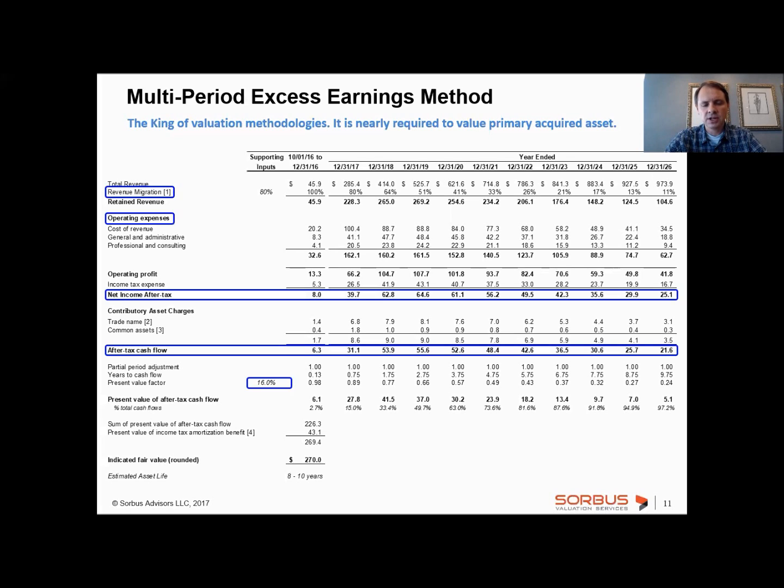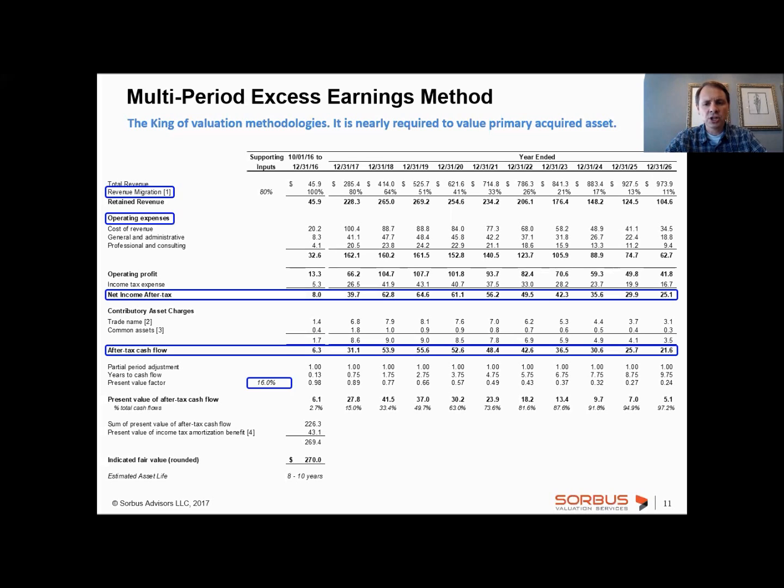So you need to have a trade name and you need to have those common assets to be able to monetize the trade name. Because you need those assets, you need to pay rent for using them. That's the theory behind making those additional reductions to the accounting profit from that particular asset, for the attribution of other intangible or tangible assets that we need here.